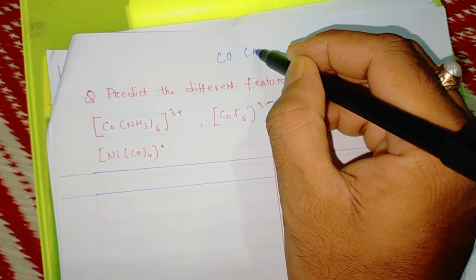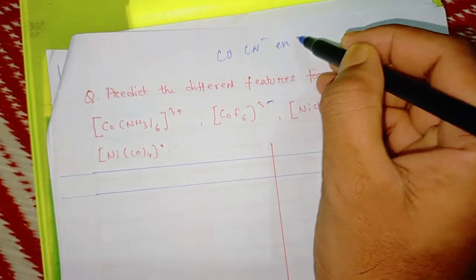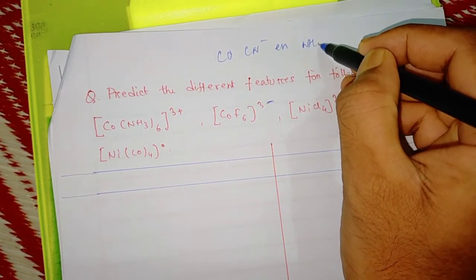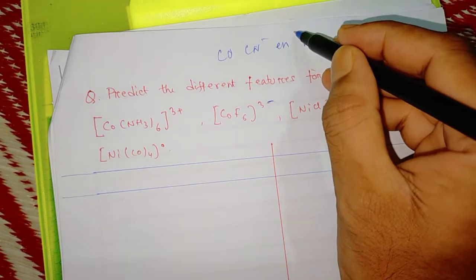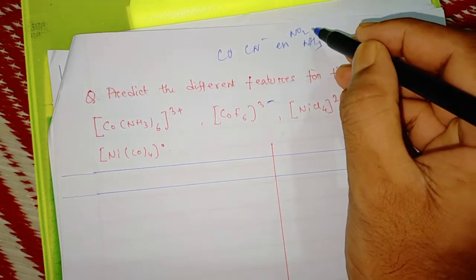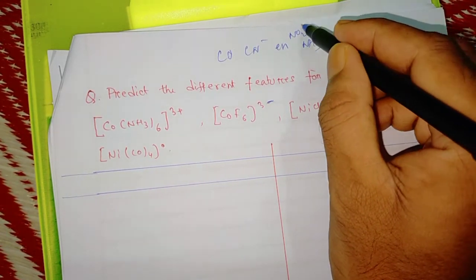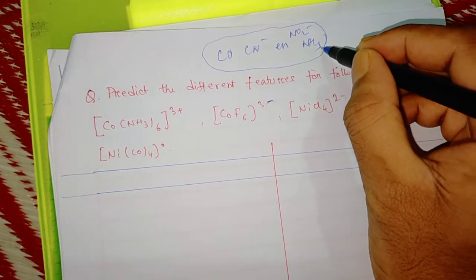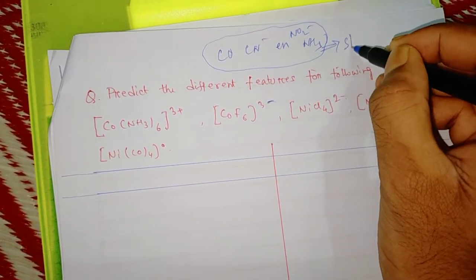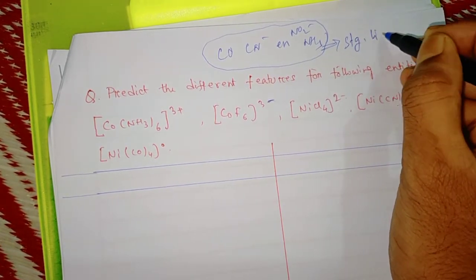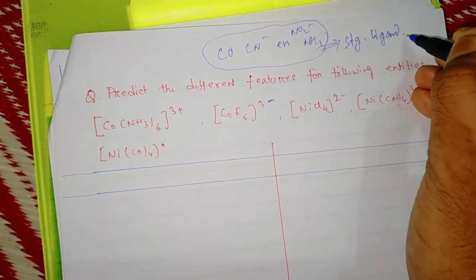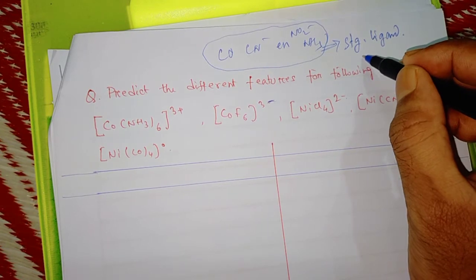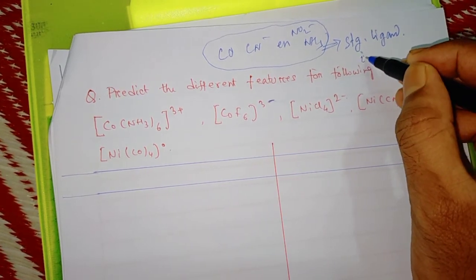Now students, one point that I want to tell you: these ligands, you remember, CO, CN, en, NH3, and another one is NO2 negative, are called strong ligands. These ligands impose pairing.